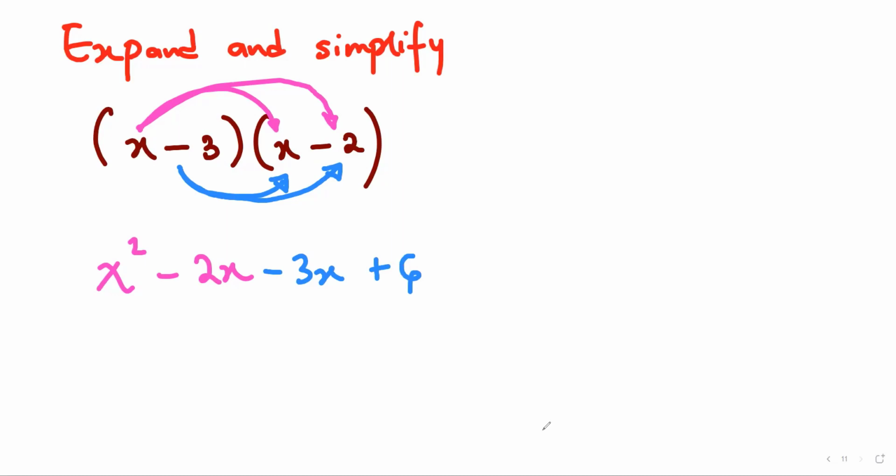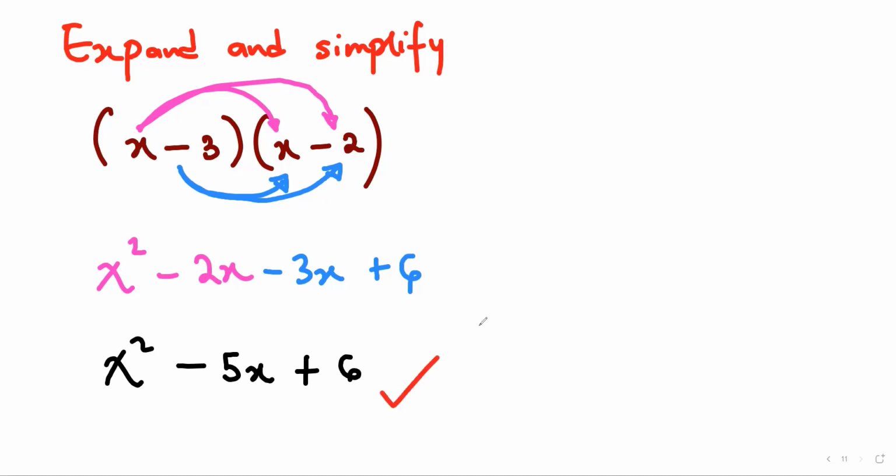Good. So we conclude now by simplifying this expanded expression. What's it going to be now? X squared, minus 2x minus 3x, which will give you minus 5x, and plus 6. Excellent. So you can write it down.